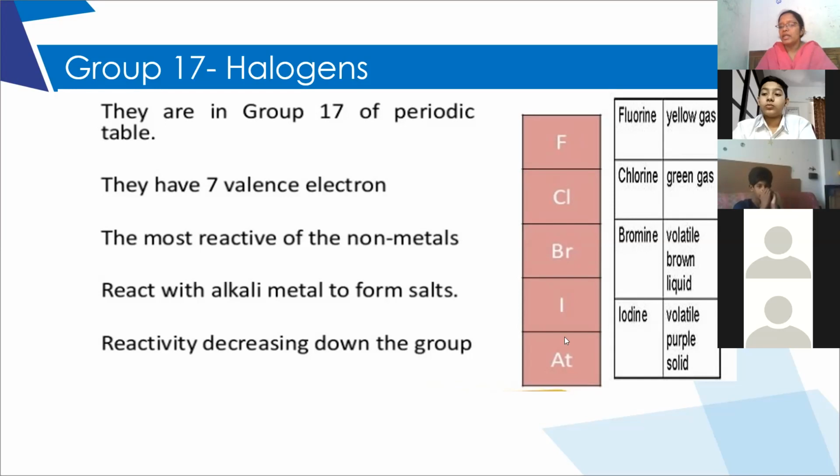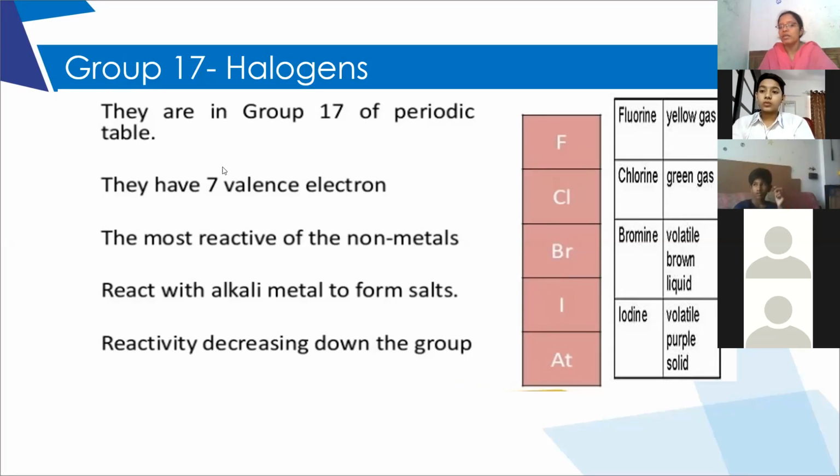All the 17th group elements are non-metals. They have 7 valence electrons. What is their nature, electronegative or electropositive? Electronegative, because they have a tendency to accept electrons. I repeat again: the tendency to lose electrons is called electropositive nature, and the tendency to gain electrons to complete the octet is called electronegative nature.